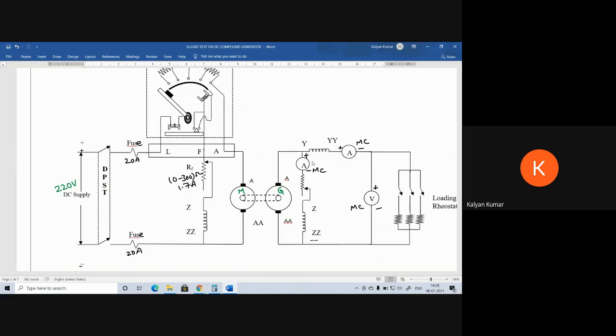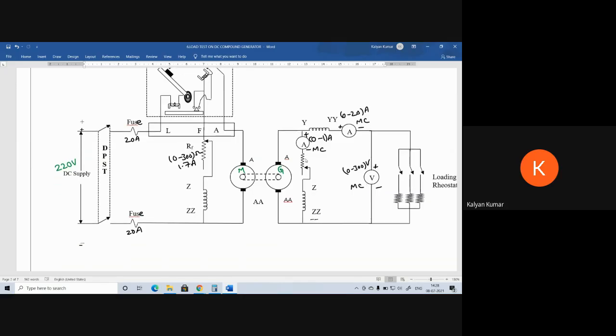The field current is 1 amp, therefore we can use a 0 to 1 amp ammeter. Whereas this is placed in the load circuit, the load current is 13.6 amps, so we are going to use a 0 to 20 amps ammeter.